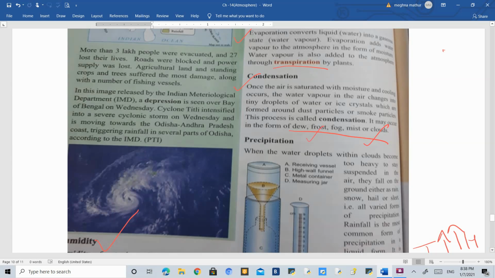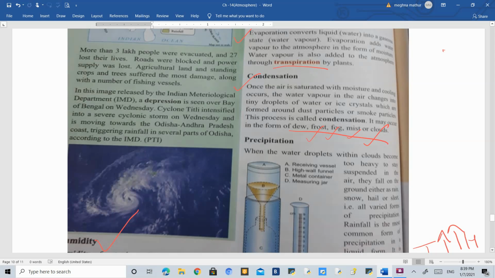Okay. Now what are fog and mist? Fog and mist are nothing but when there is no clarity. When you are not able to see, or visibility is not there, when you are standing somewhere and you are not able to see what is happening in front of you, that is called fog and mist. The only difference between fog and mist is that fog is denser than mist.